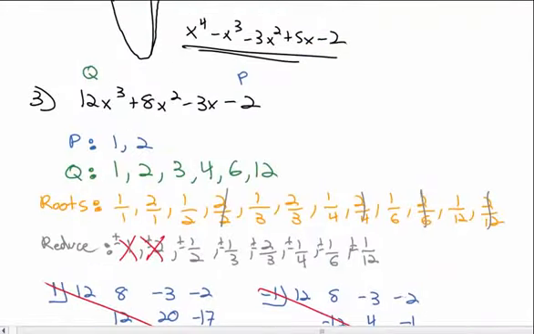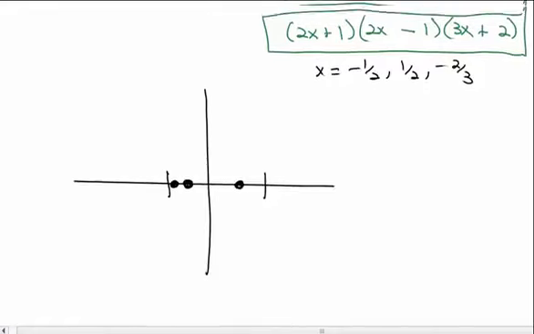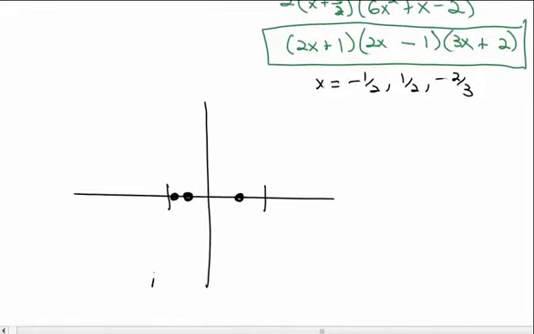Going back to the beginning, it was a cubic, so it's going to come in from the bottom, wiggle, and go out the top. The Y-intercept, when you figure it out, turns out to be negative 2.